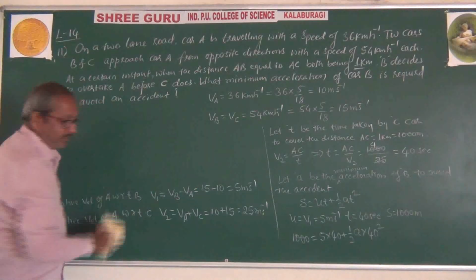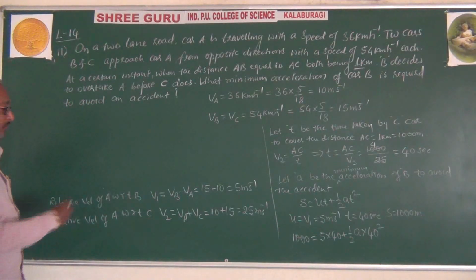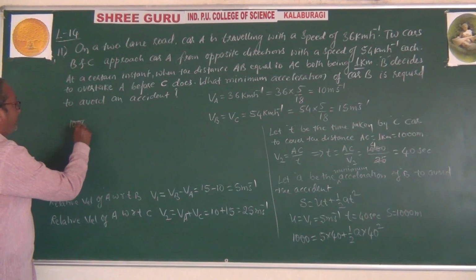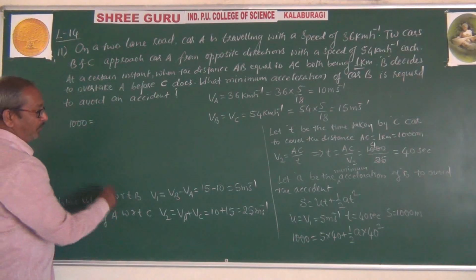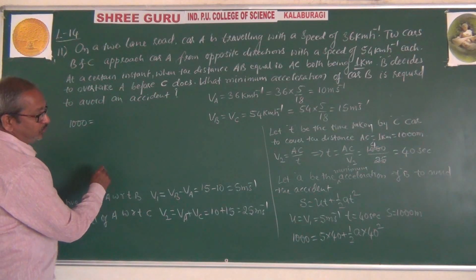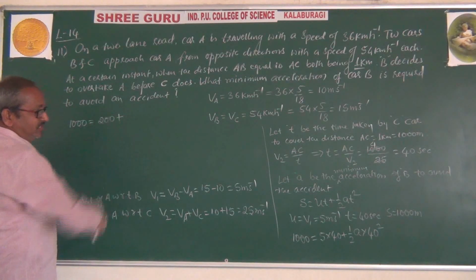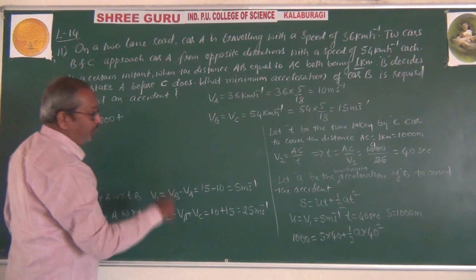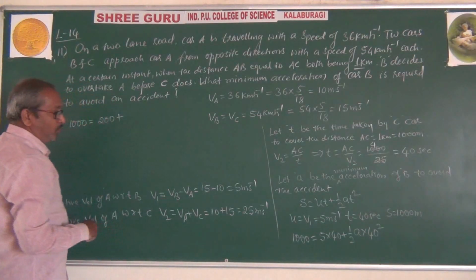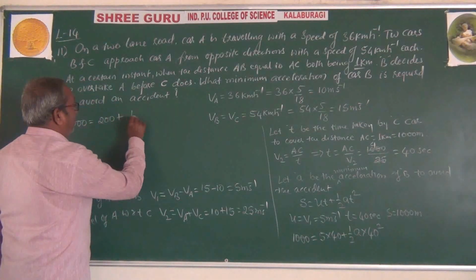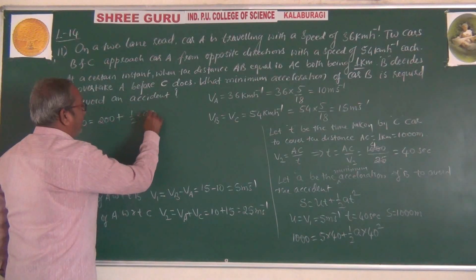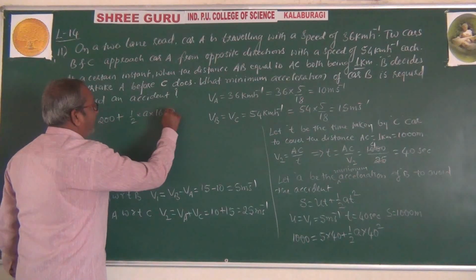So here 1000 equals 5 into 40, which is 200, plus 1 by 2 into A into 1600.